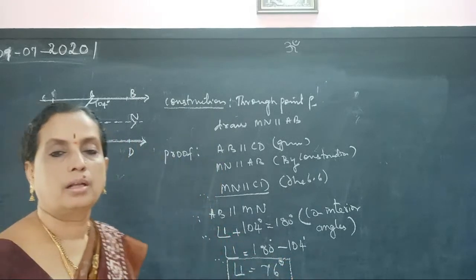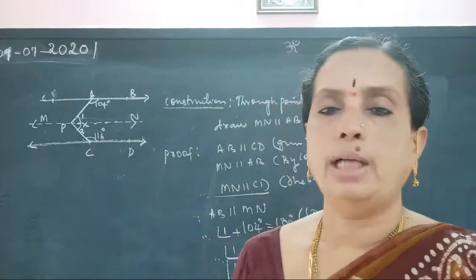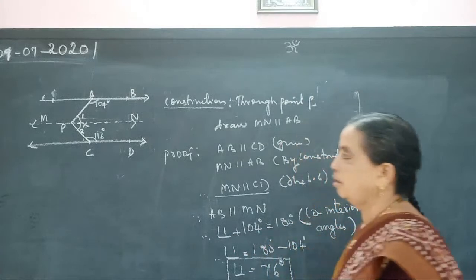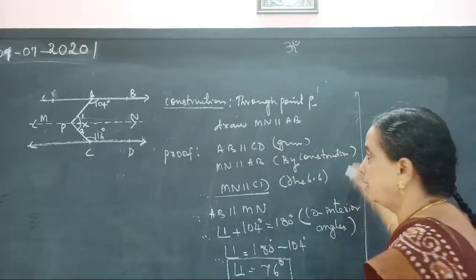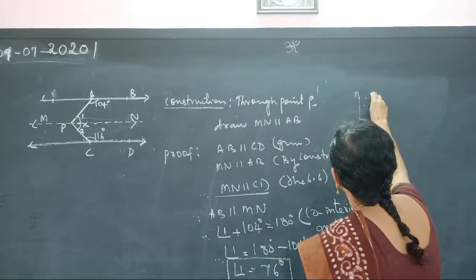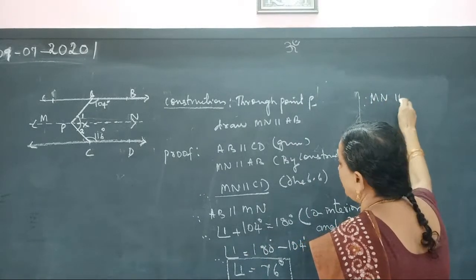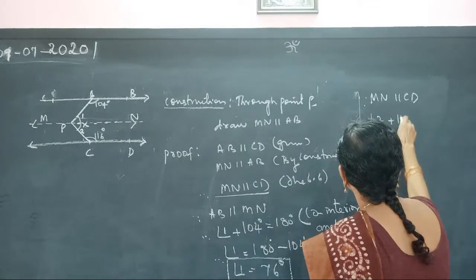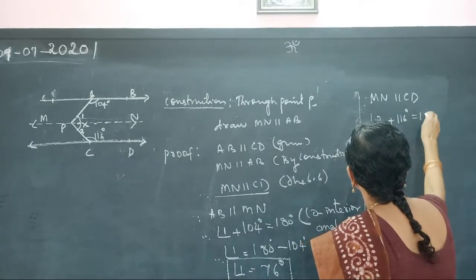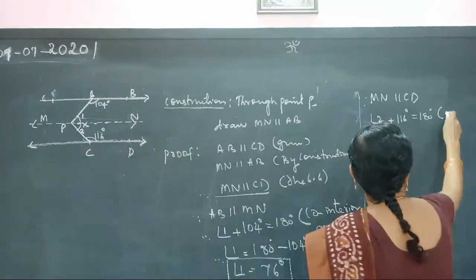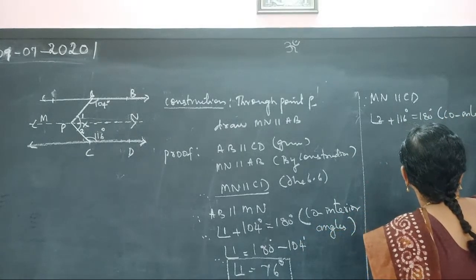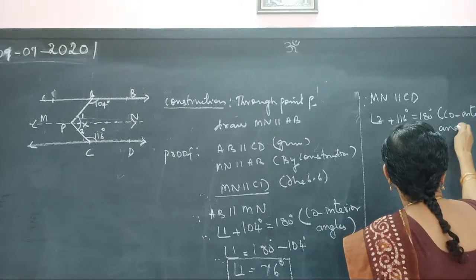Okay? Similarly, you have the other part. Which is the other part we can consider? Since MN is parallel to CD, angle 2 plus 116 degree equals 180 degree. Write the reason: co-interior angles.